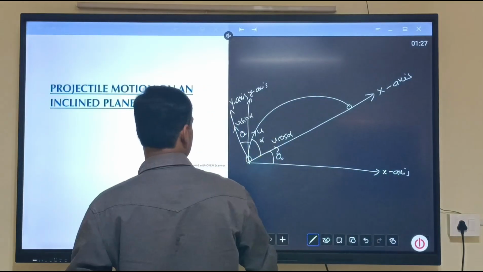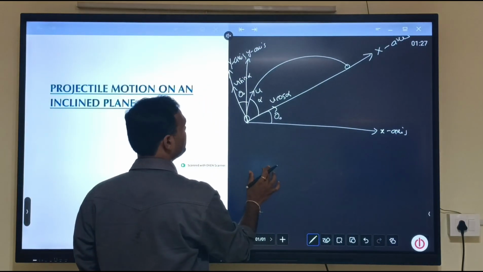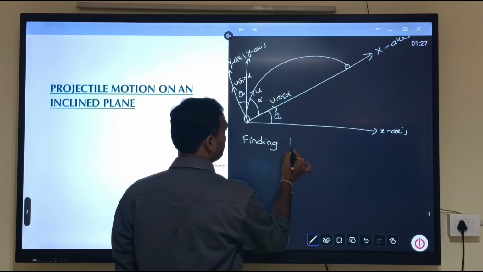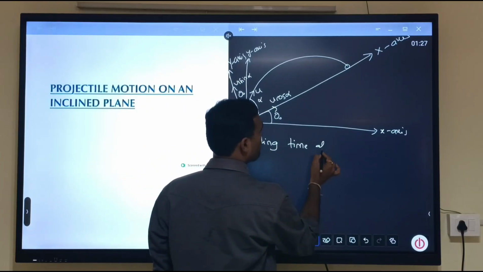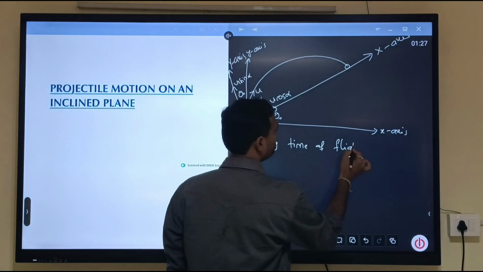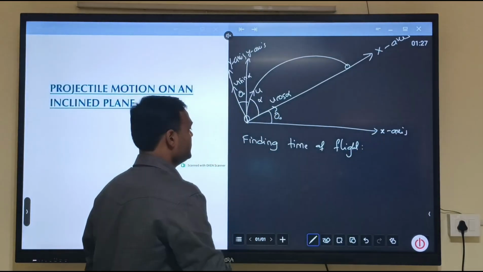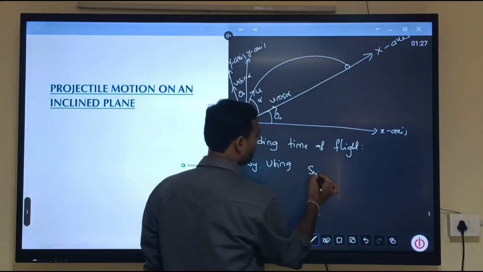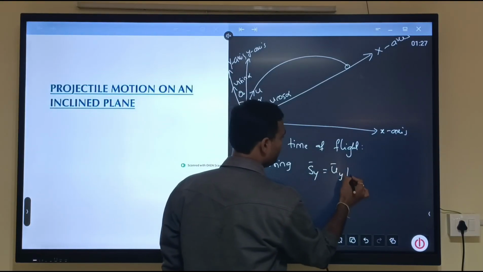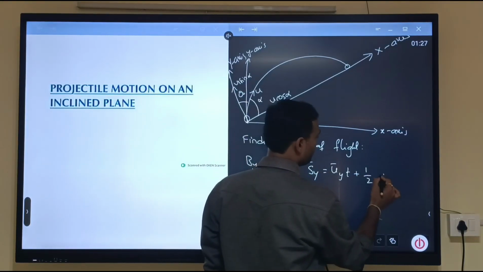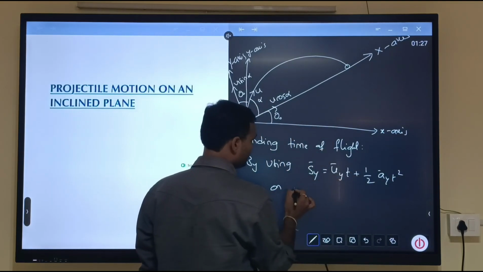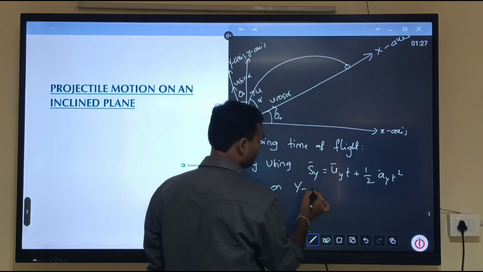Right? And here, first of all, how can we find time of flight? Finding time of flight. Then by using Sy is equal to uy t plus half ay t square, and here on capital Y axis.